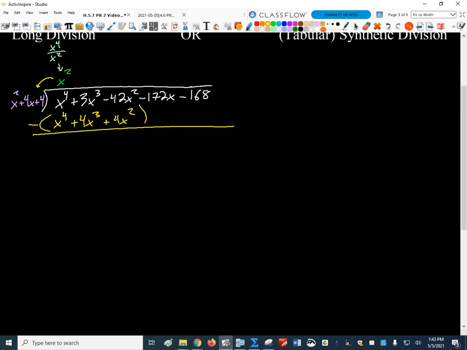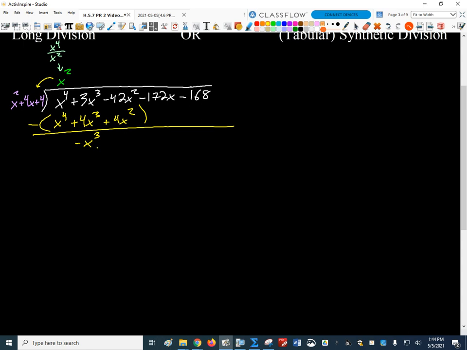Well, those cancel, right? Those always have to cancel. Then what am I going to get here? What's 3x cubed minus 4x cubed? Negative x cubed. That's like saying I've got 3x cubed minus 4x cubes is how many x cubes? Well, negative 1, right? But I'm just combining like terms. So the exponent stays the same, doesn't it?